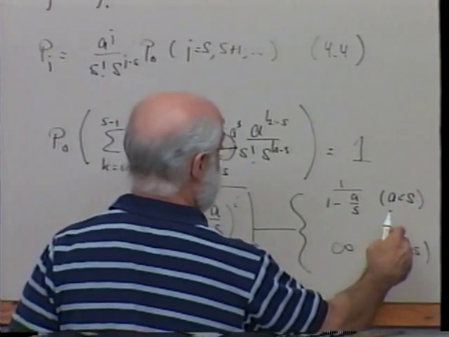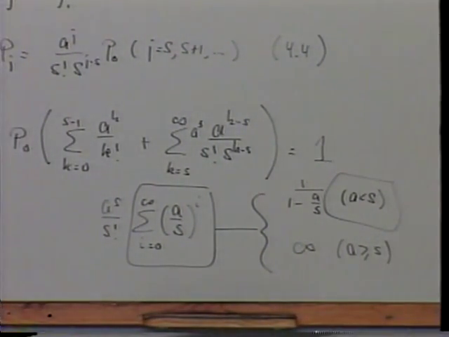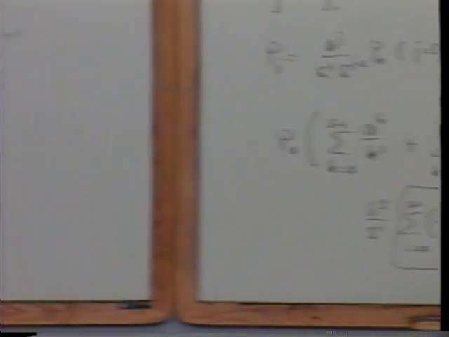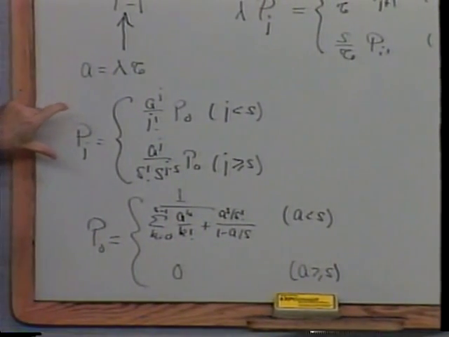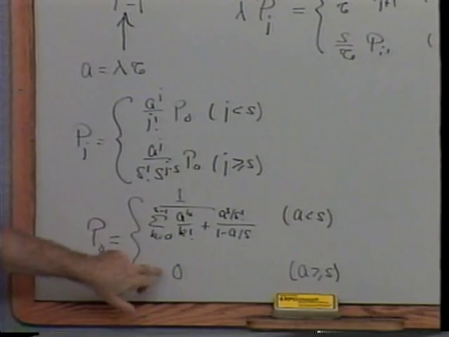That is the condition that a must be less than s. Okay, but for right now, what we have is formulas for calculating these state probabilities, because I can calculate each pj from this formula, and I can calculate p0 from this formula.